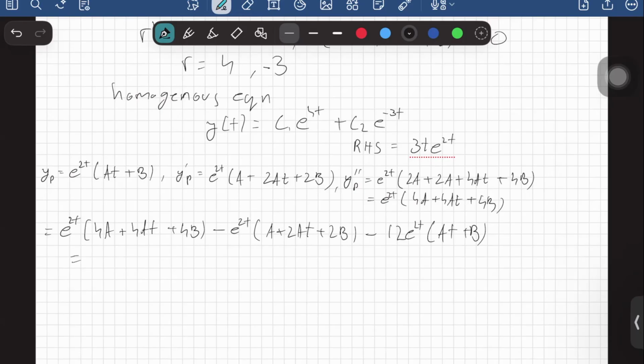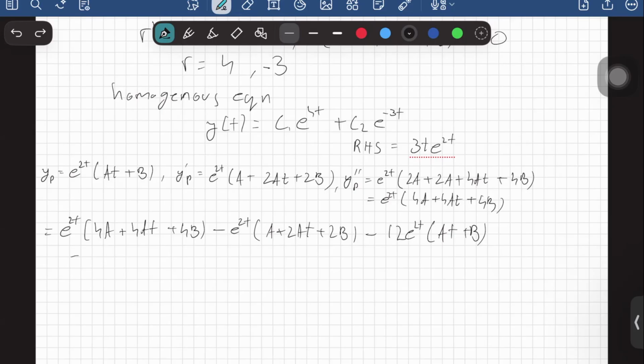Now we just simplify. If we simplify all of this, we can just isolate all the e to the power of 2t variables, and we can solve for each of them together, right?